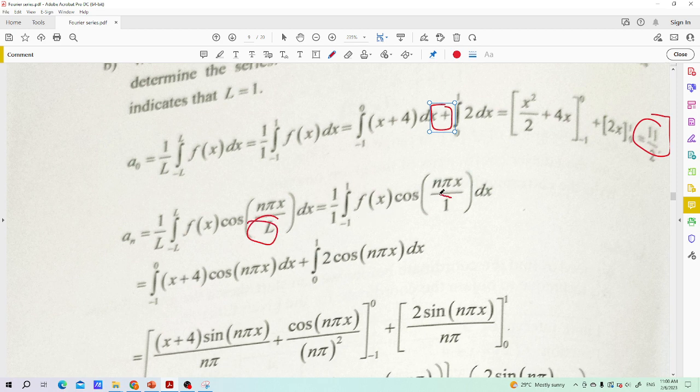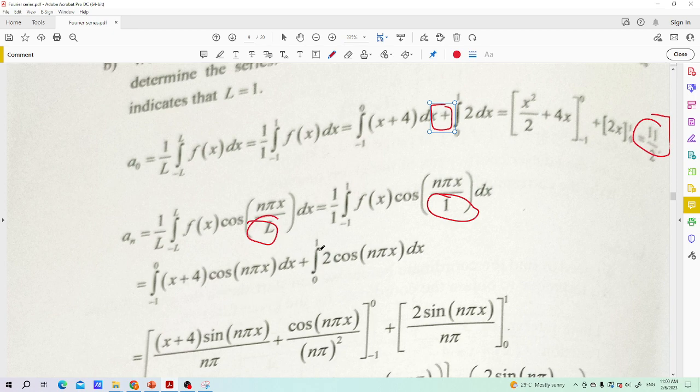Where is the 1 over L here? What is it covered by?